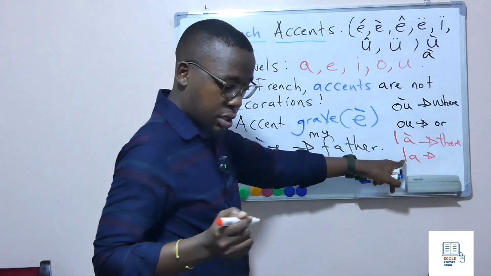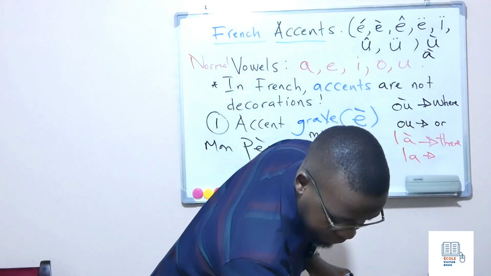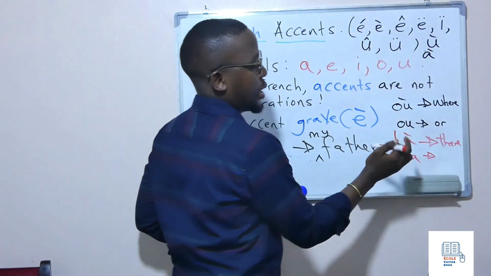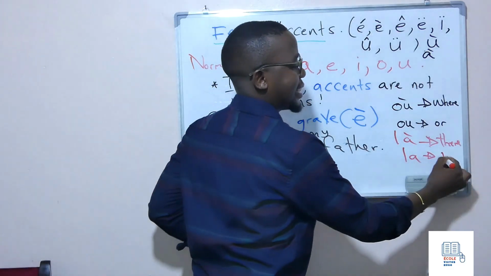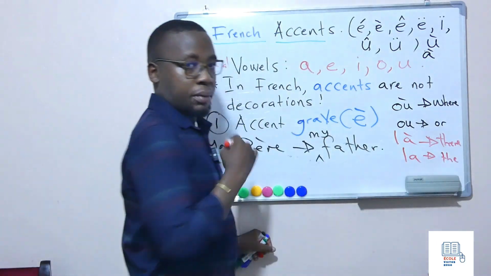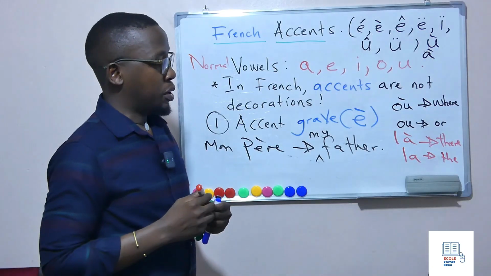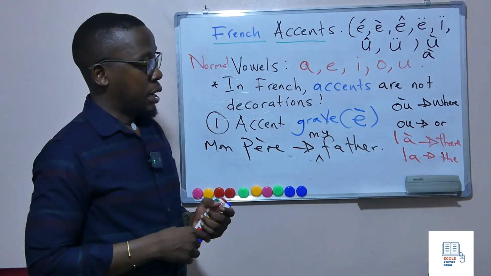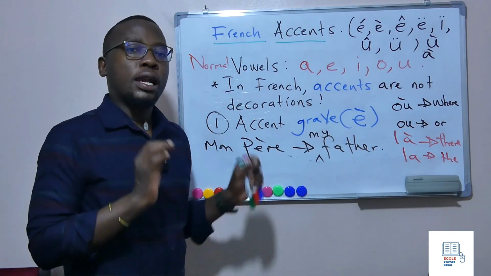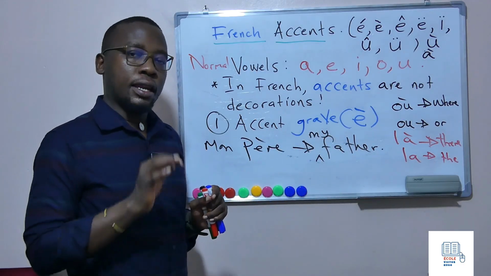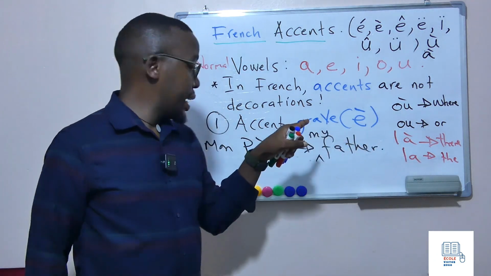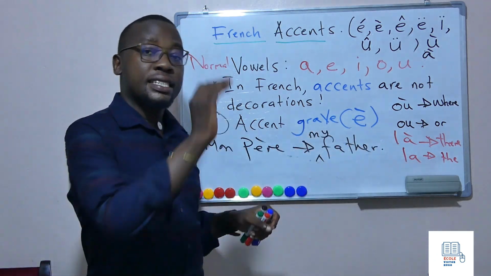The meaning will change. It won't be the same. For example, la without an accent just means the. We talked about these articles last week. So la means the, for example, la femme, la fille, the woman, the girl. But then là with an accent grave means there.